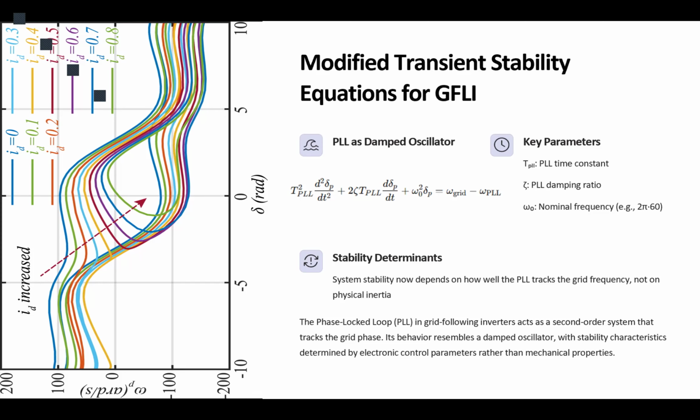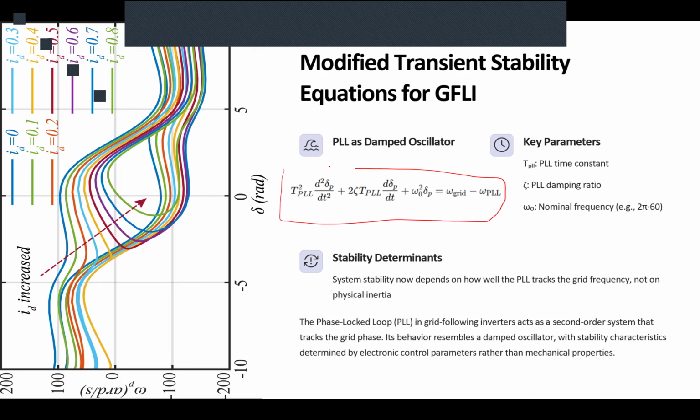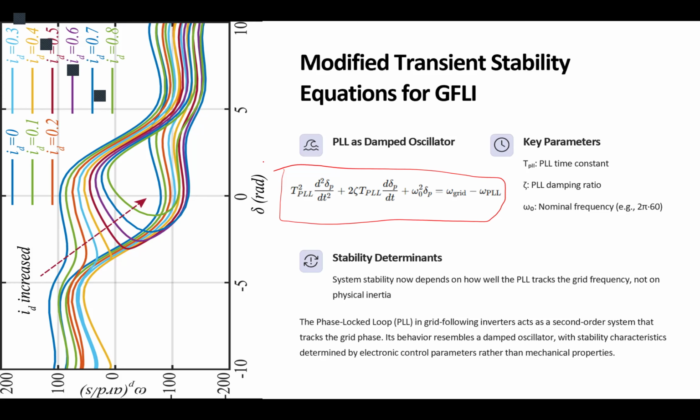As you can see on the screen, the swing equation that describes the fast transient response of grid-following inverters depends on the parameters T squared, T, psi, and omega 0.